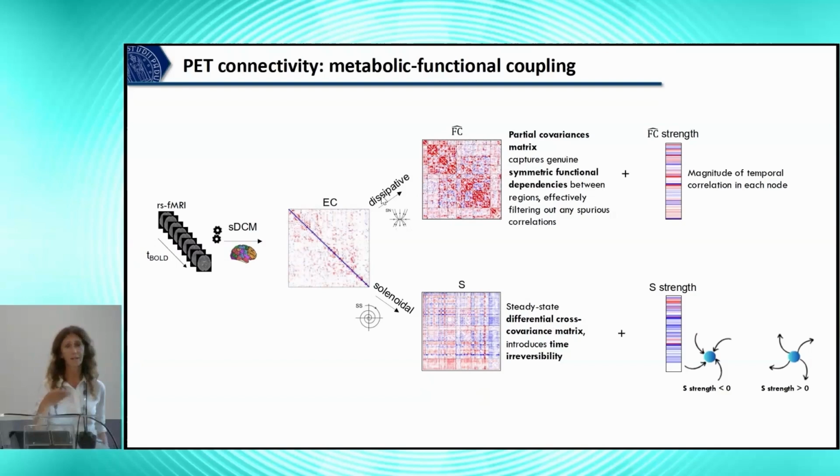So it's again a symmetric matrix telling us the strength of the connections. The second one, S, is a skew matrix, retaining just the information about directions.